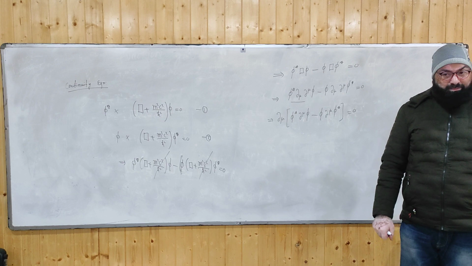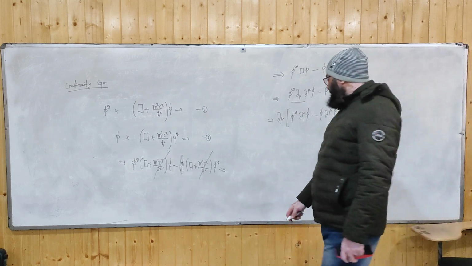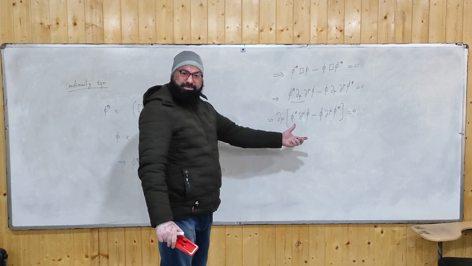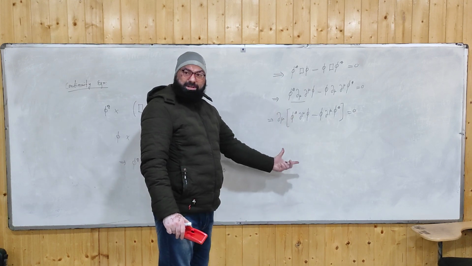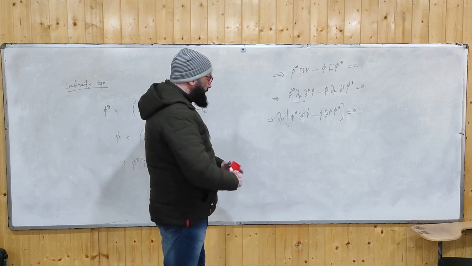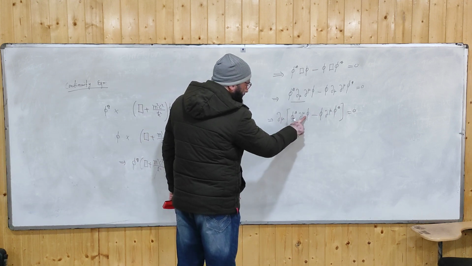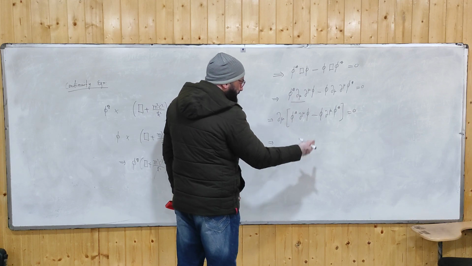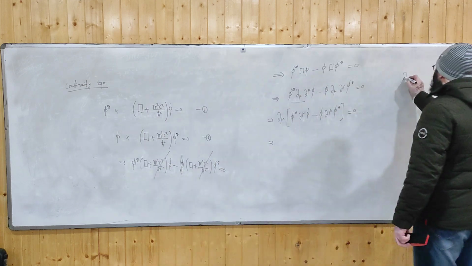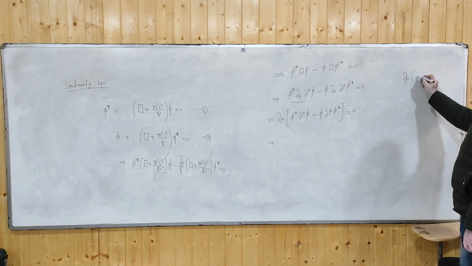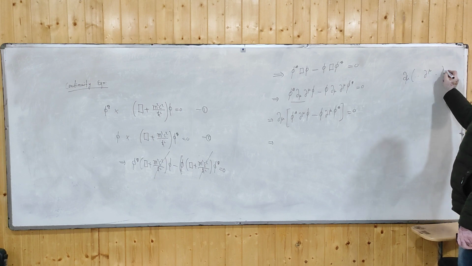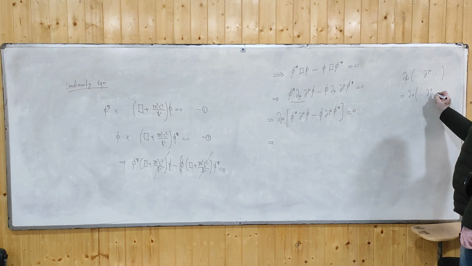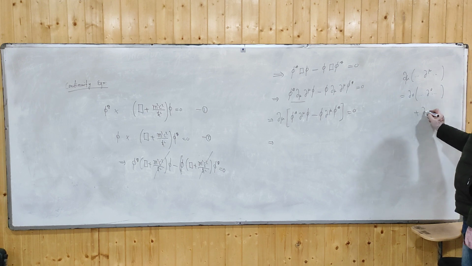Clear? Got it? Okay. Since this is in compact form, let's put it in component form. Since this is a contracted index, how do I write it? You have partial mu something and partial mu something. You put it as partial 0, plus partial i.